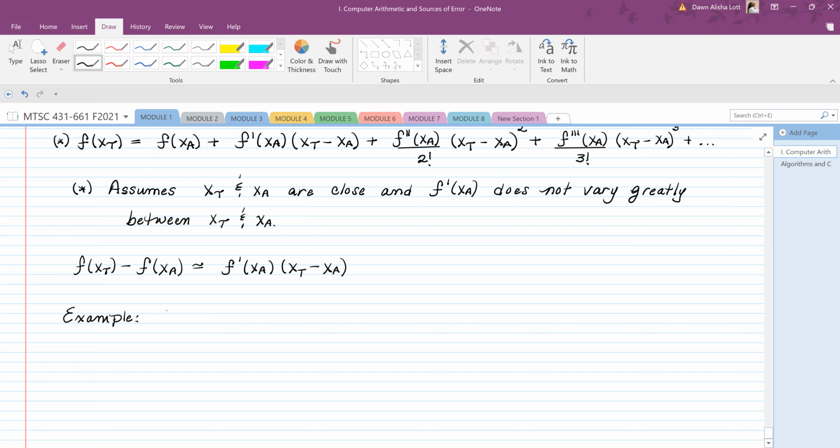So given x true is equal to 2.5 with an error that we're calling E true is equal to 0.01.